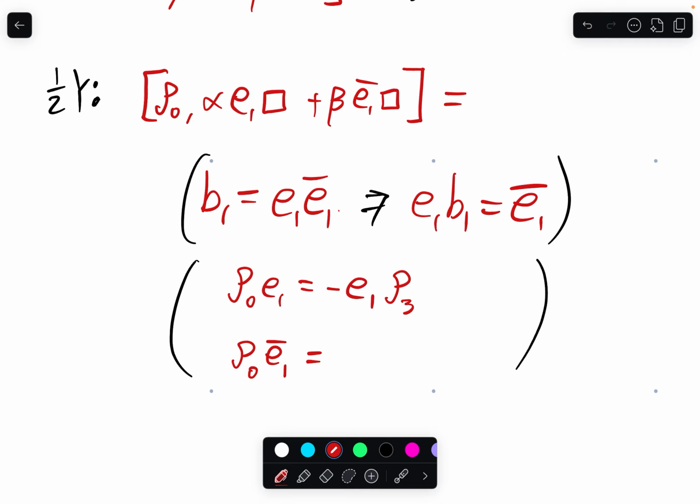I accidentally wrote E2 in a few places on my paper, so I'm looking over it for the moment. Okay.